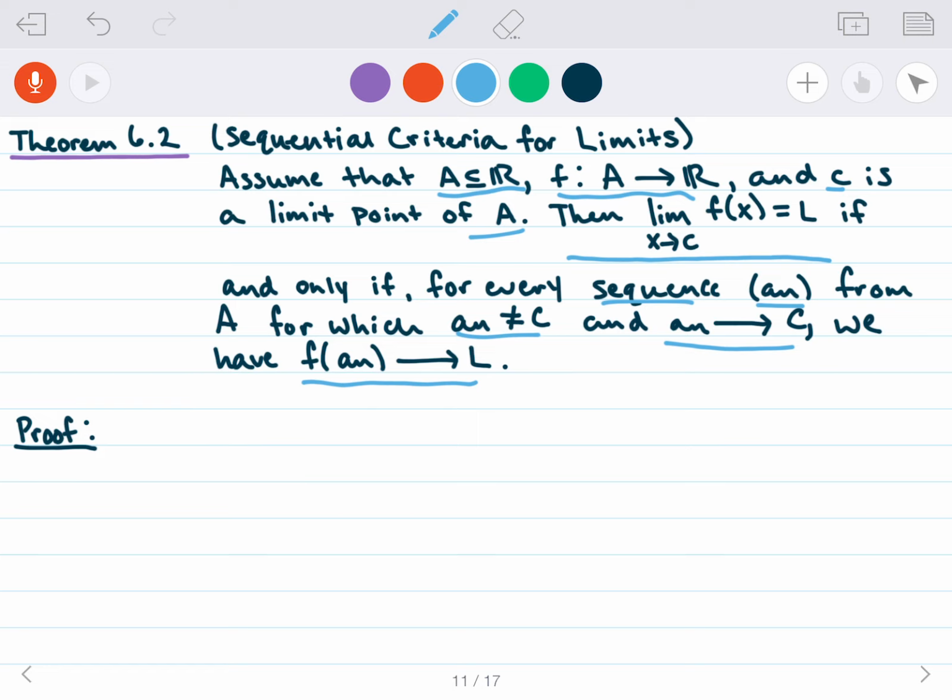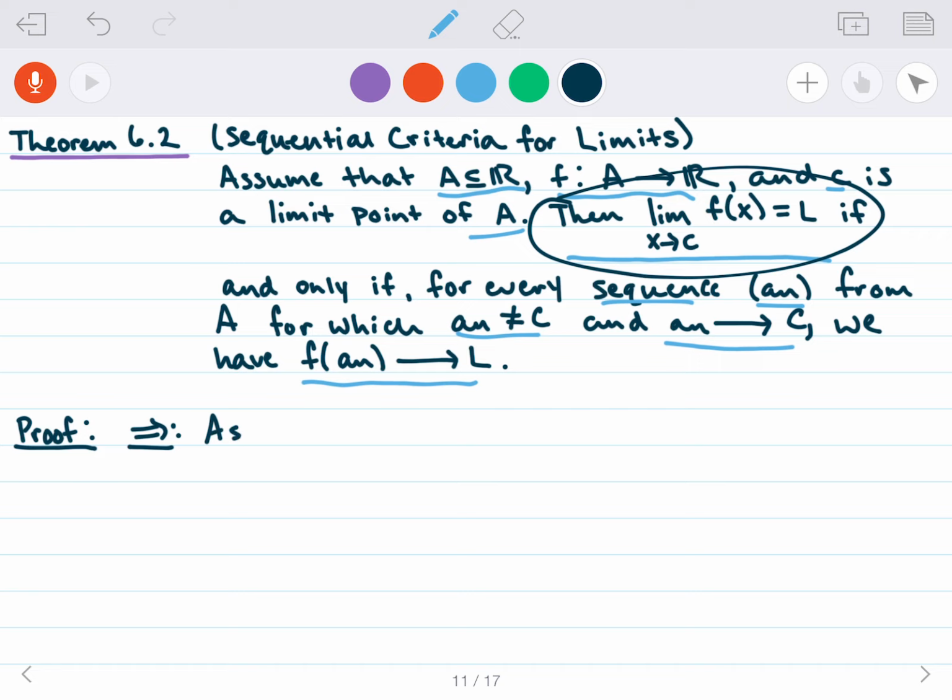Yeah, so this is an if and only if statement, so we have to prove the forward direction and then the backward direction. So let's go ahead and do that. For the forward direction, what is our assumption? We're assuming that the limit of f(x) is L as x approaches c.